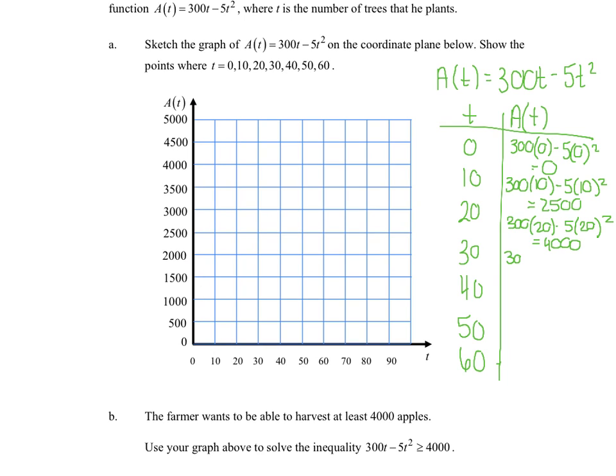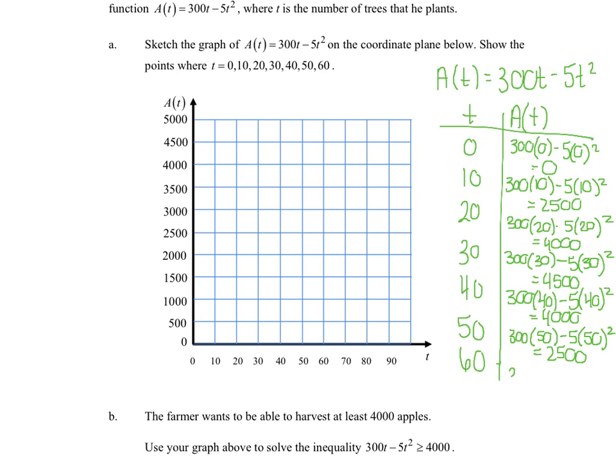Then I've got 300 times 30 minus 5 times 30 squared, and that's going to equal 4,500. 300 times 40 minus 5 times 40 squared, and that's going to equal 4,000. 300 times 50 minus 5 times 50 squared, and that's going to equal 2,500. And finally, 300 times 60 minus 5 times 60 squared, and that's going to equal 0.